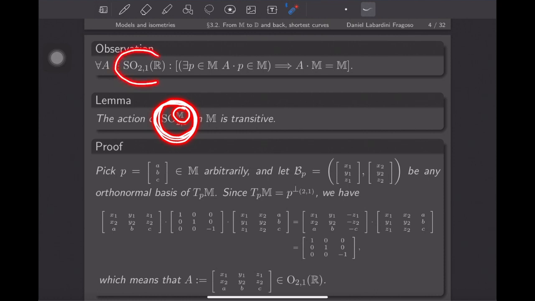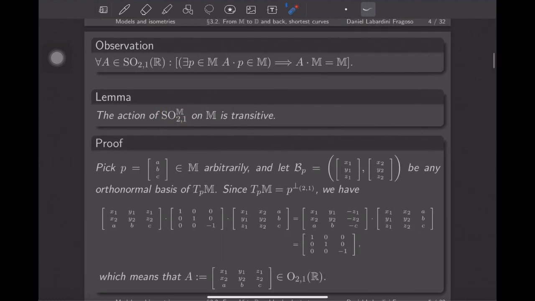This one is only those that preserve Minkowski's form and have determinant 1, but may exchange the two sheets. These ones do not exchange the two sheets. Okay. I'm going to show that it's transitive. So take any point.